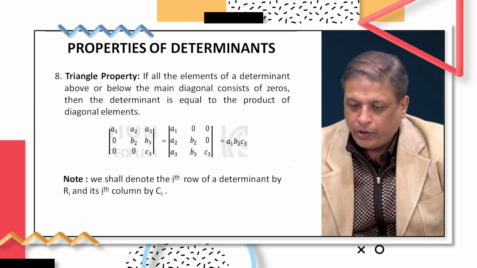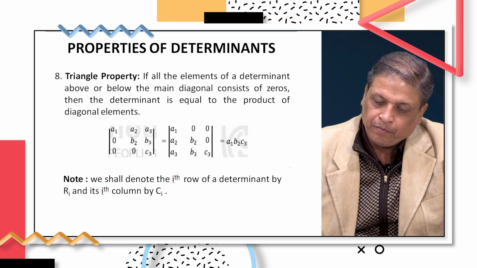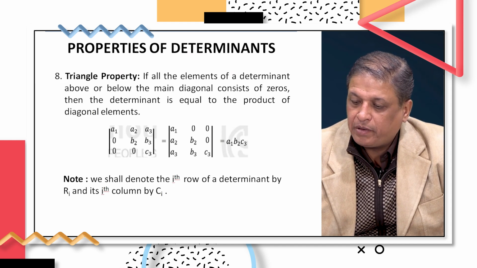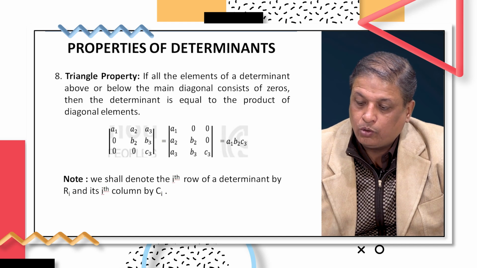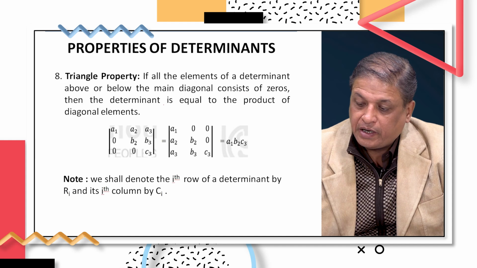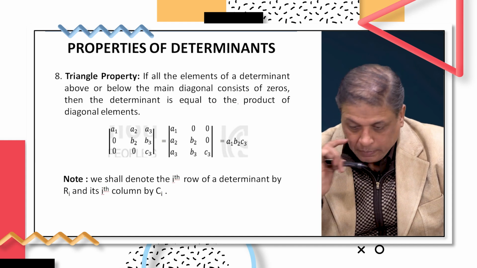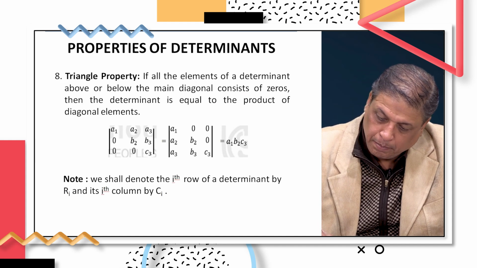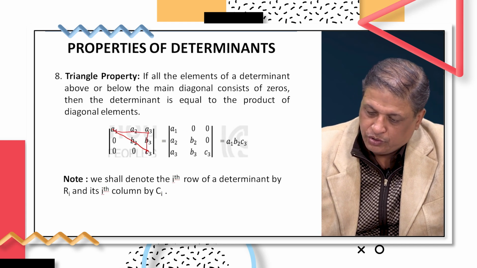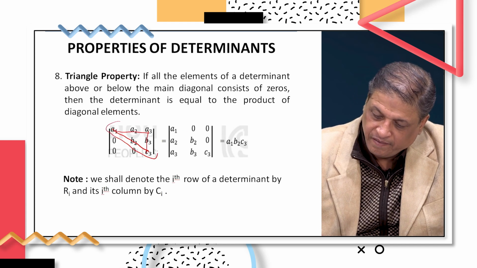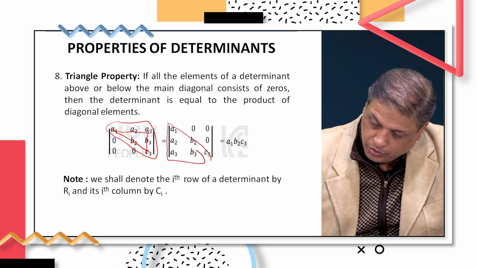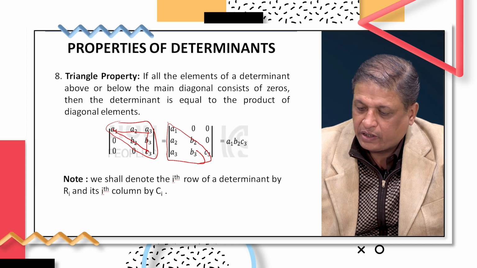Now we move to another important property, the triangle property. The property says that if all the elements of a determinant above or below the main diagonal are zeros, then the determinant is equal to the product of the diagonal elements. This one is an upper triangular matrix, because the triangle of non-zero values is on the upper side. Over here, the triangle of non-zero values is on the lower side, so this is a lower triangular matrix.